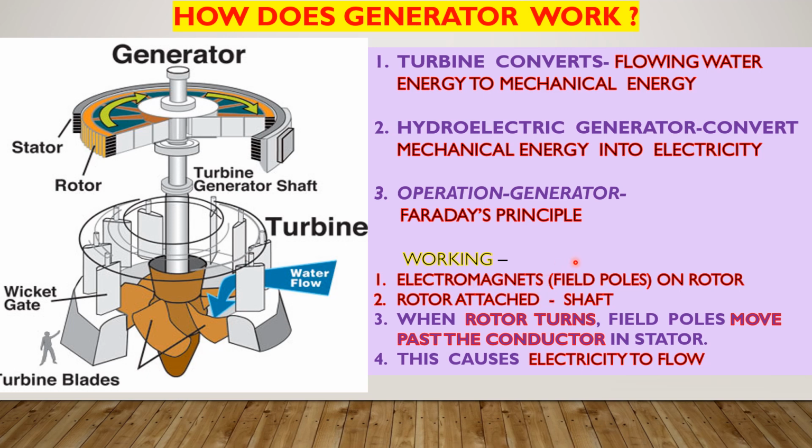So rotor, magnets, and stator, conductor. Rotor rotates and the conductor is fixed. As the rotor rotates, magnets are pushed towards and away from the conductor, thereby producing electric charge or electricity. Okay, so this is the fundamental thing about generator.